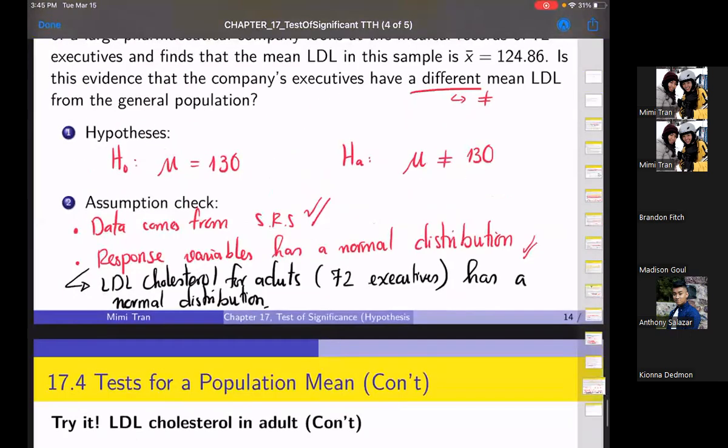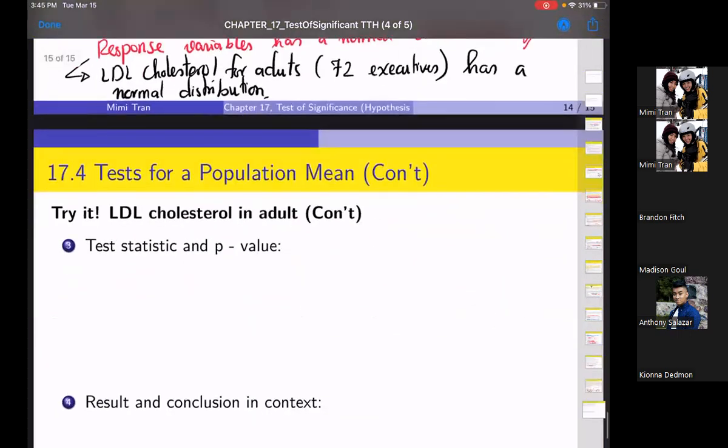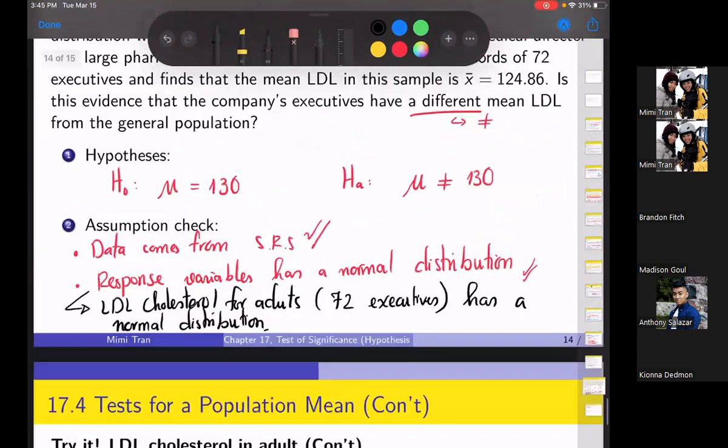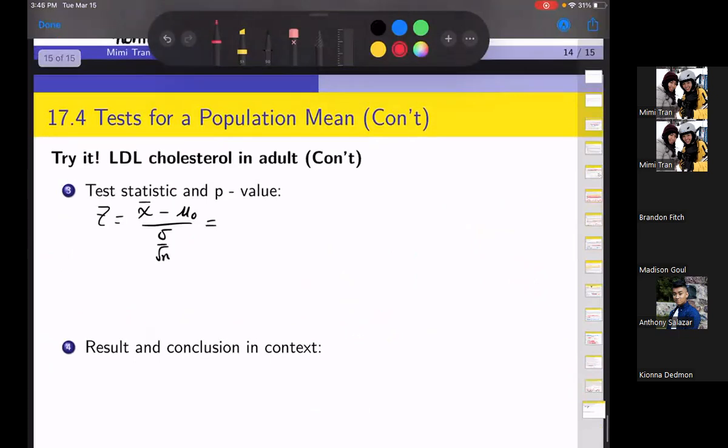All right, so step 1, step 2, step 3, test statistic Z. Let me remind you of the formula. Z equals X bar minus mu naught, divided by sigma divided by square root of N. X bar is 124.86, mu naught is 130, divided by 40, that's your sigma, divided by square root of N, which is 72 executives.